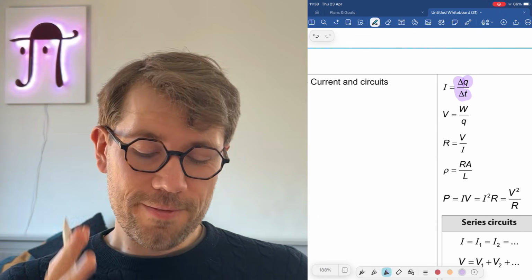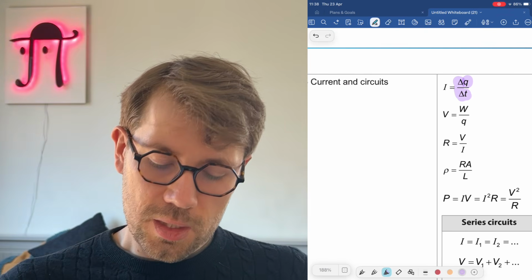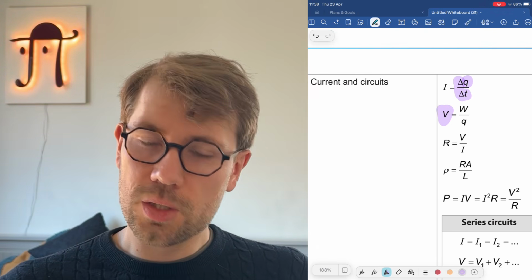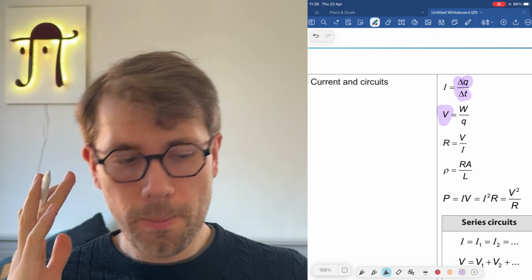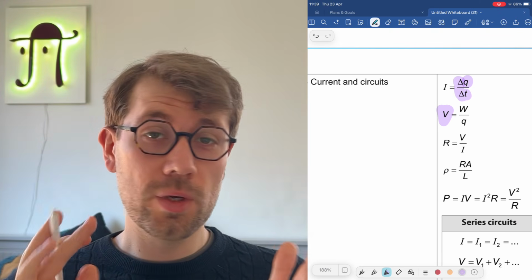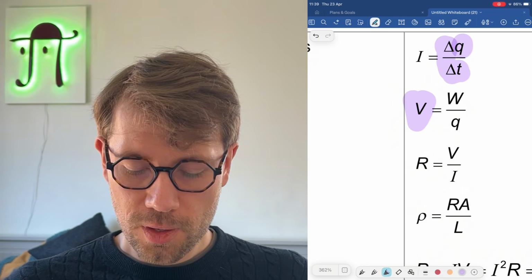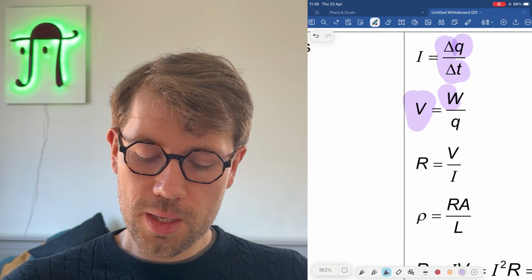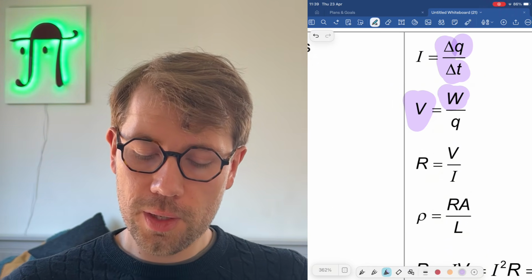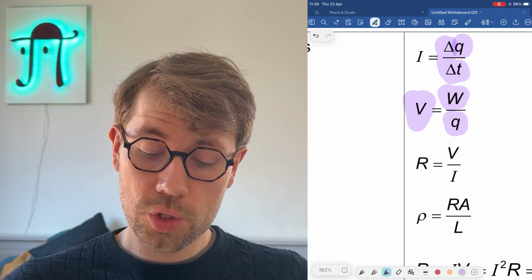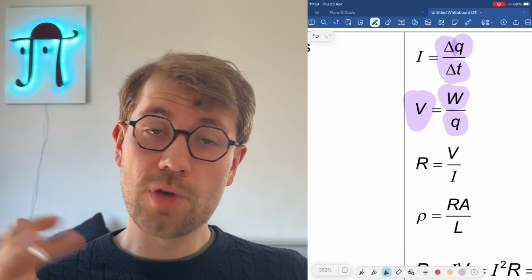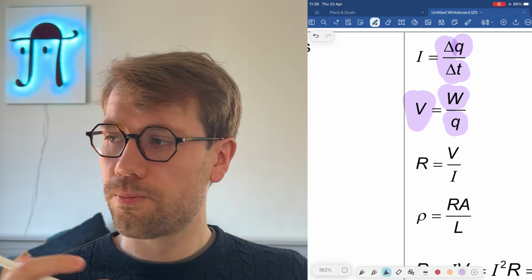The other big thing that comes up in circuits is voltage or potential difference or EMF. Now, I can give you again the quick definition for this, and I'm going to use this equation. Voltage is the amount of work done per unit charge as it travels through a circuit or something.